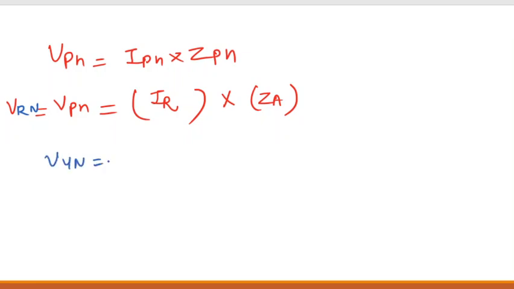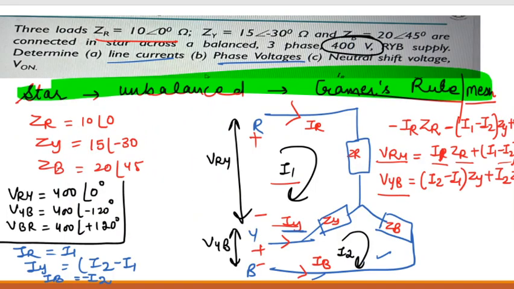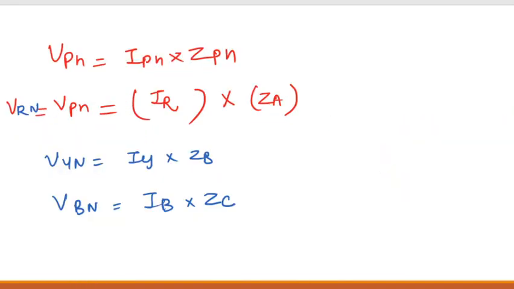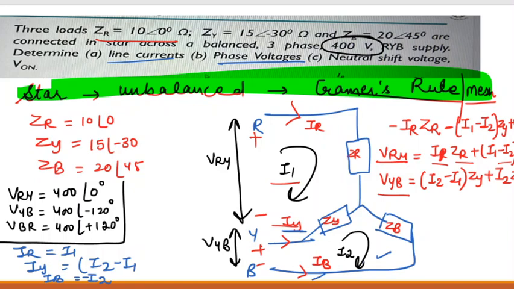Similarly, VYN is equal to IY into ZY. VBN is equal to IB into ZB. Sorry, they have given the RYB sequence, so ZR, ZY, and ZB. Right? This is the phase voltage.